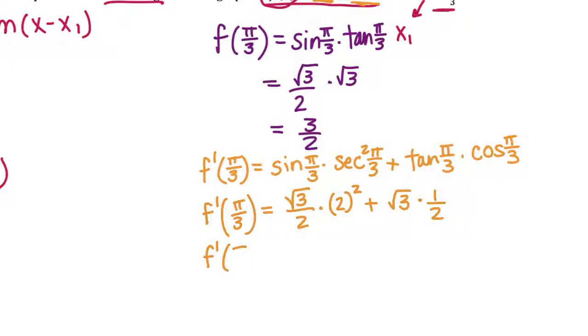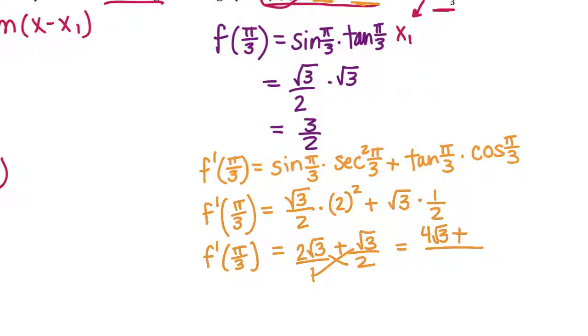F prime at pi over 3, or the slope of this, is going to be, there's 4, 2 cancel, so that's going to be 2 root 3 plus root 3 over 2. And I'm tempted to leave it like that, but we can simplify this, put that over 1, crisscross it, so that's going to be 4 root 3 plus 1 root 3 over the product. So we're going to get 5 root 3 over 2.